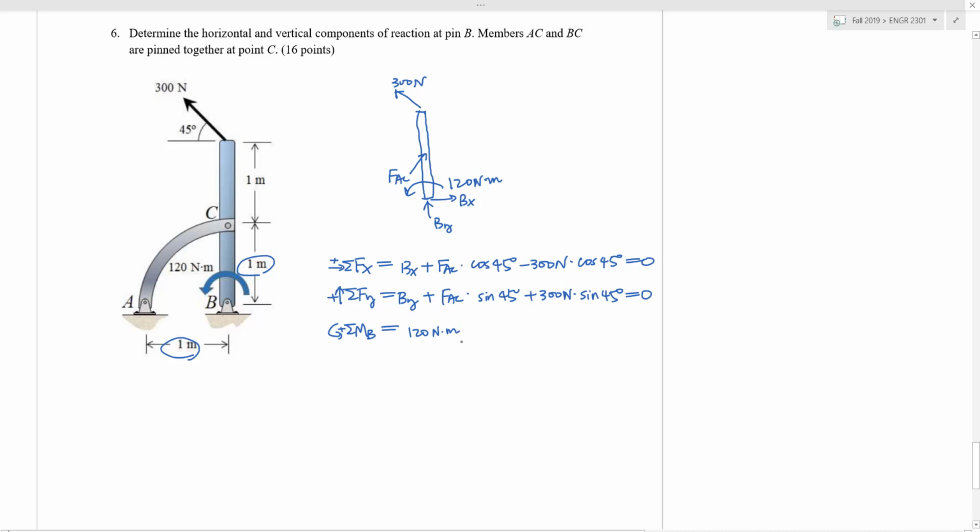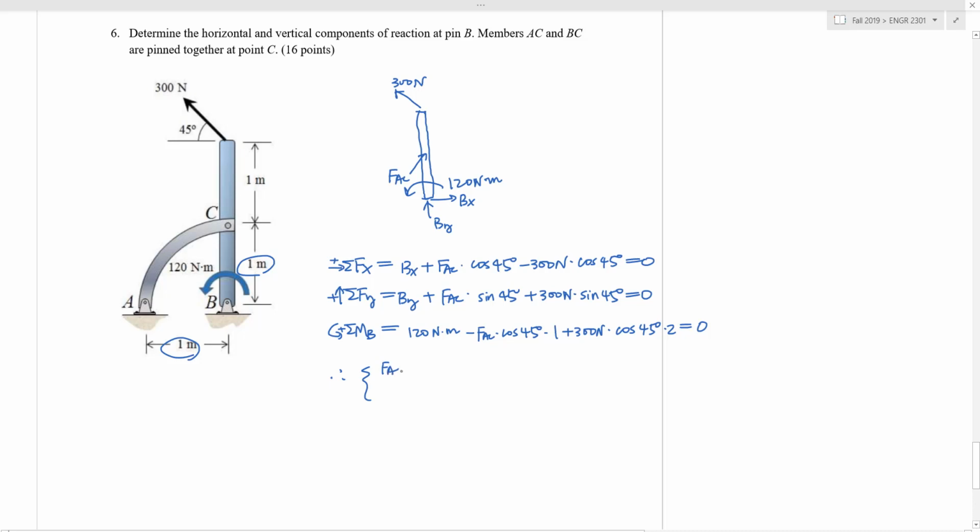All right, for the force FAC, only the x component creates moment about point B, and it's clockwise, so negative FAC times cosine 45 degree times the moment arm of 1 meter, and then the 300 Newton x component causes moment about point B counterclockwise, so plus 300 Newton cosine 45 degree times moment arm of 2 meter, and that equals 0. Okay. With that said, we can solve for all three of them.